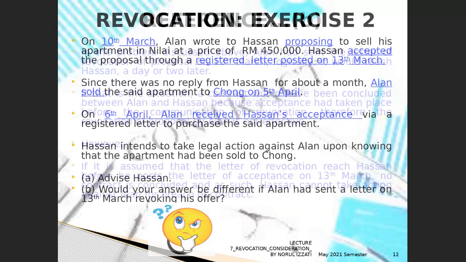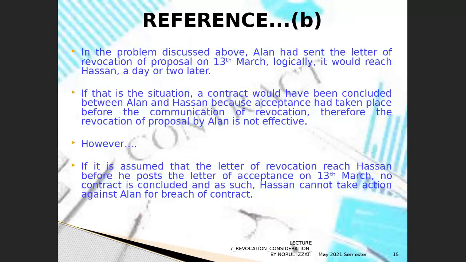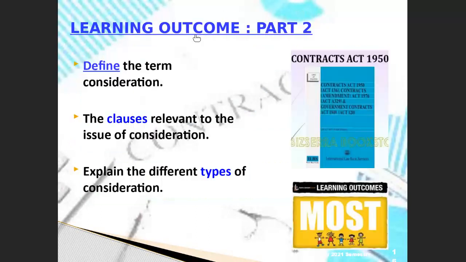For exercise number 2, you can apply this explanation to answer regarding the issue of Fiona and also Fiona and Lian just now. Okay, now that will be the end of the discussion for the revocation.